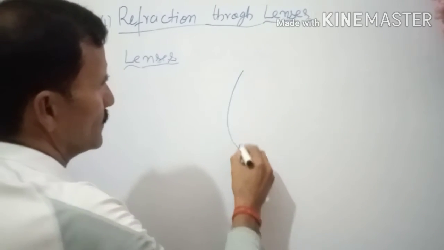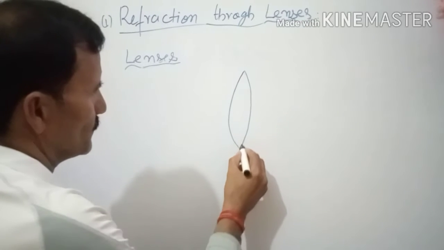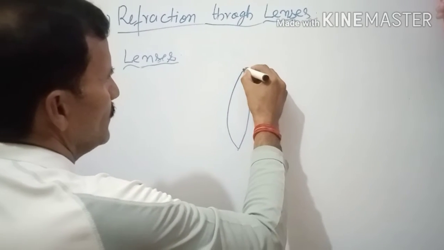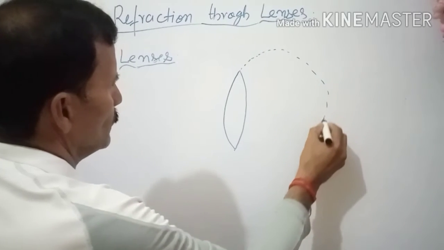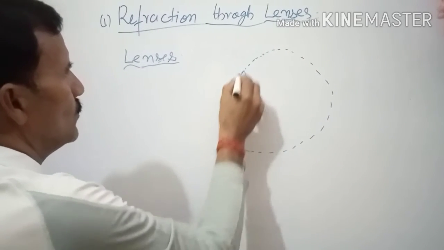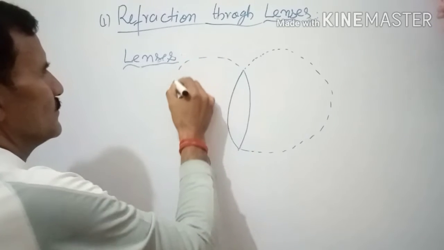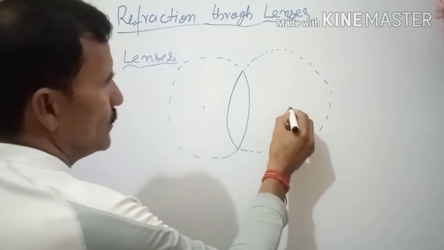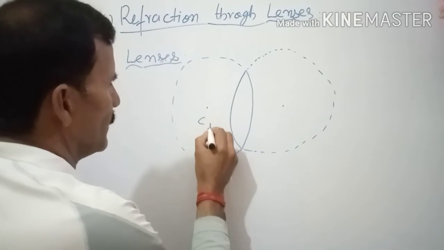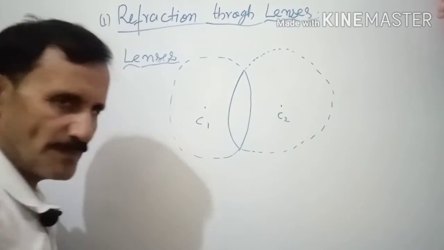Suppose you have this convex lens. It is bounded by two surfaces which are parts of a sphere. So there are two centers of curvature for a lens.